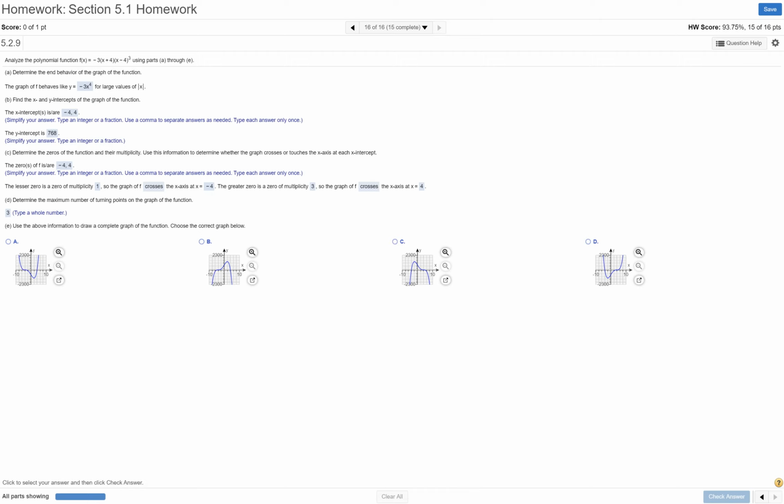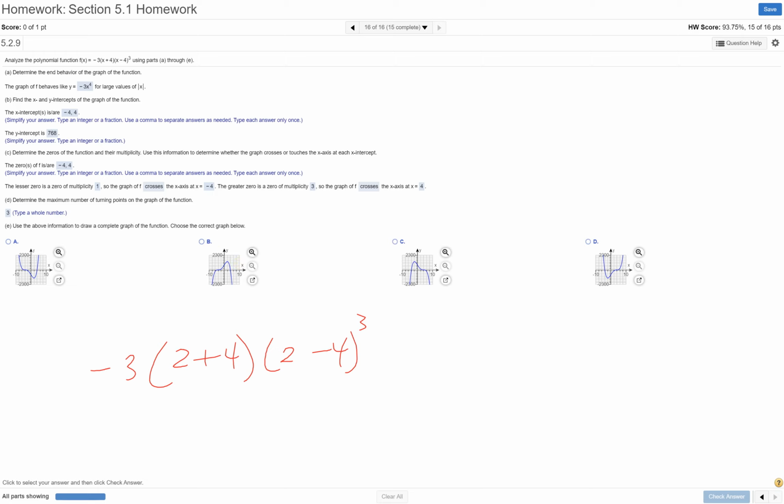So I'm going to say negative 3 times 2 plus 4 times 2 minus 4 to the 3rd power. Again, to determine whether it's way up here like in B or way down here like in C. I'm sorry, I plugged in positive 2, didn't I? Yeah. So let's find out.